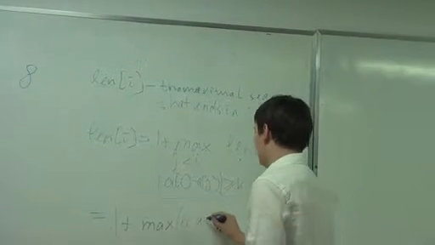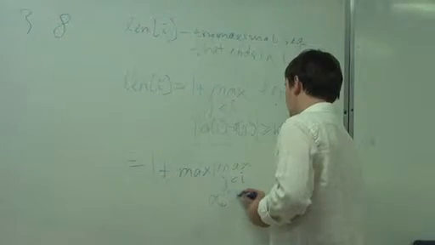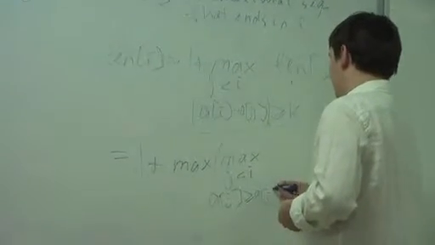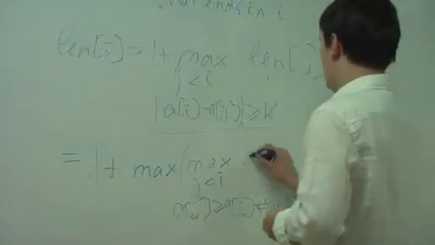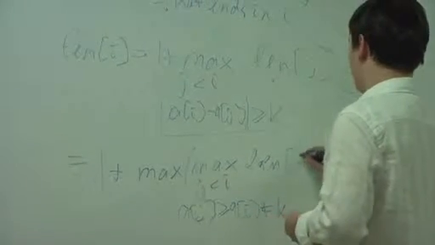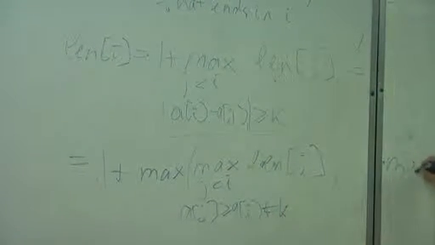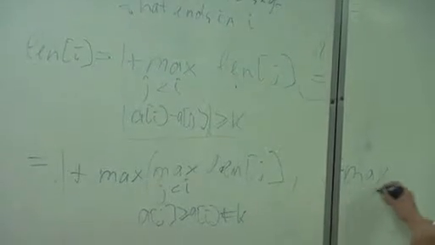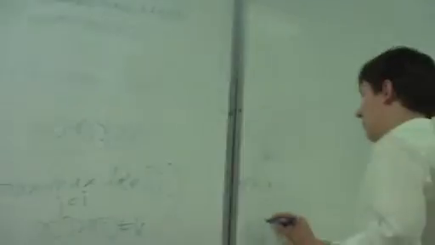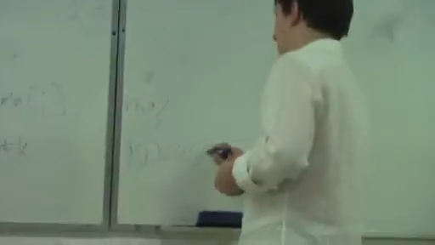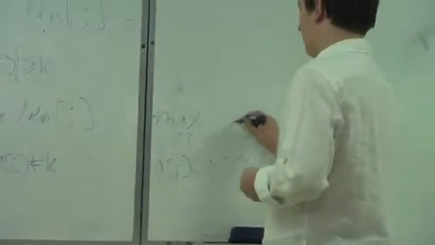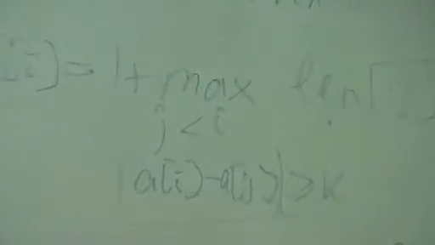First is the maximum over AG more than or equal to AE plus K, length of G, and the maximum over AG less than or equal to AE minus K, length of G.